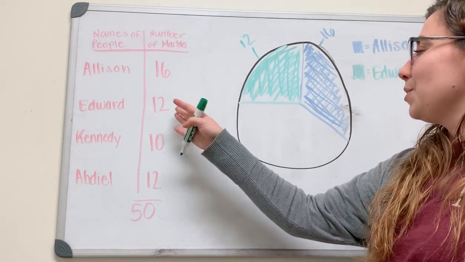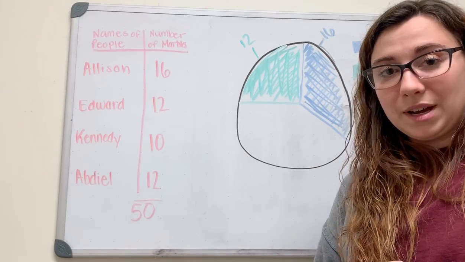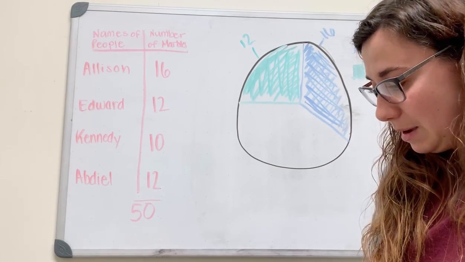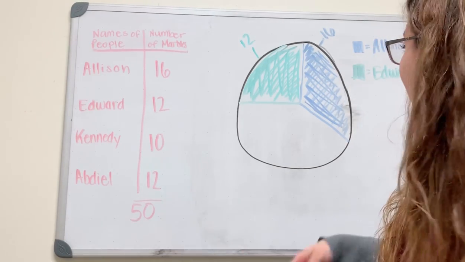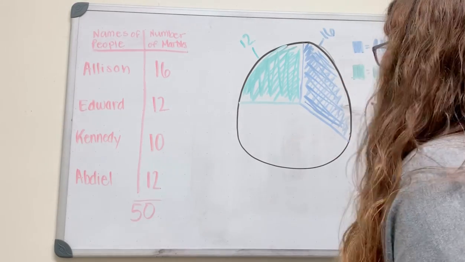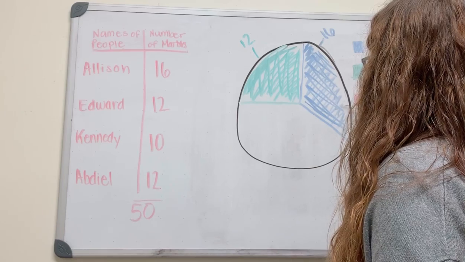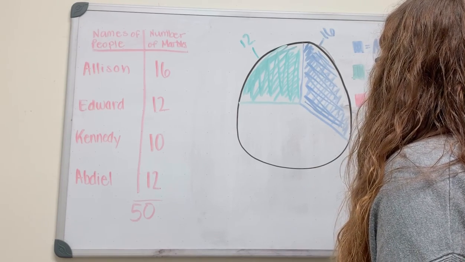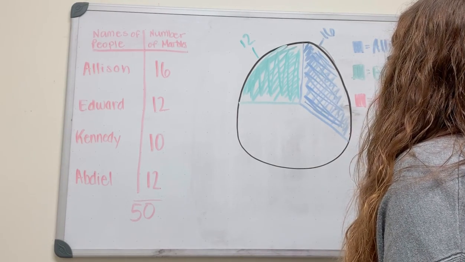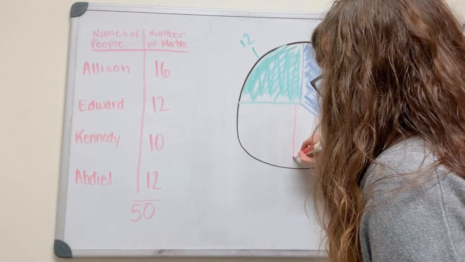And since we already have one 12, we may as well go ahead and do the other 12, meaning that Abdiel also has about 1/4. So we can split that.